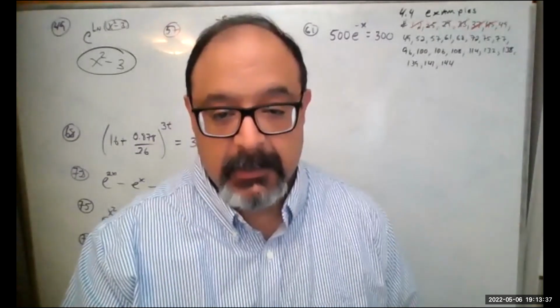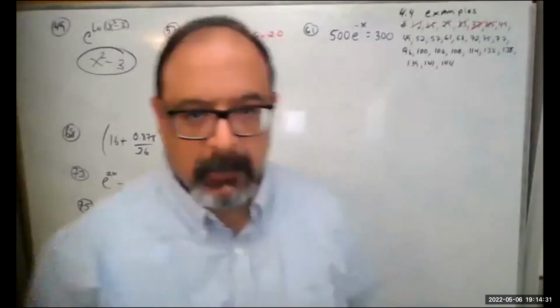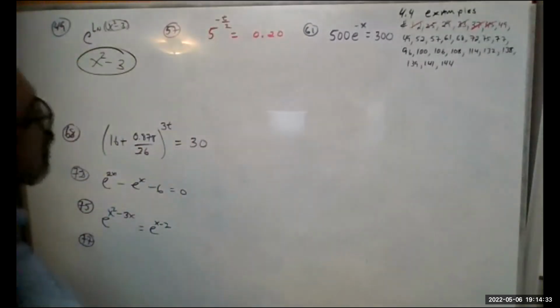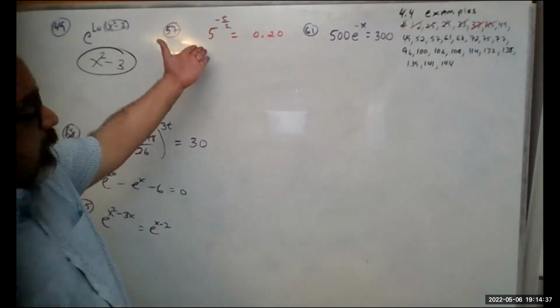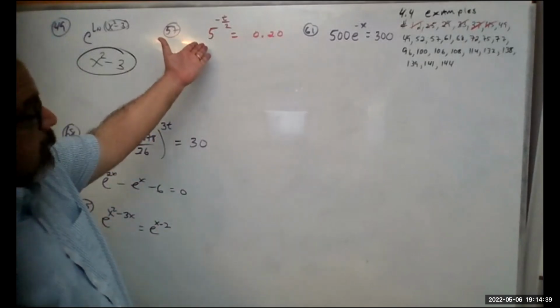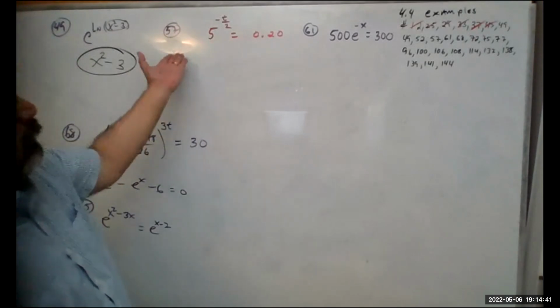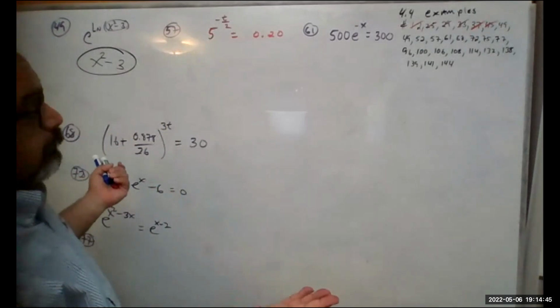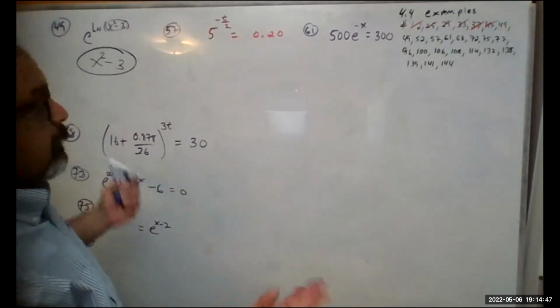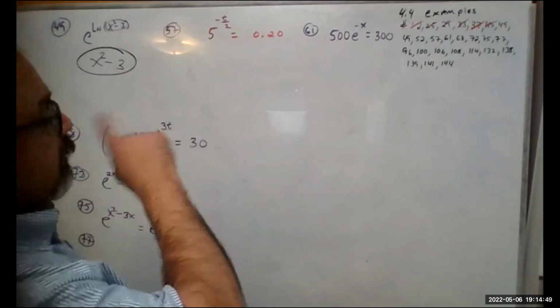Give me a quick second here. That's a base 5. To undo a base 5, you would take log base 5 of both sides, but here's your problem. Okay. You know what? Give me a second.